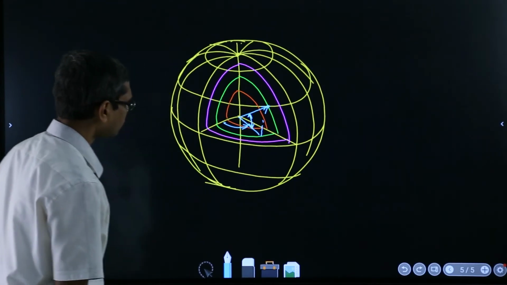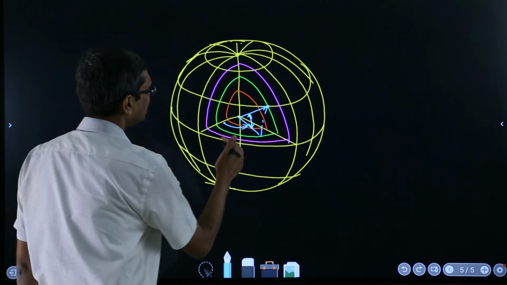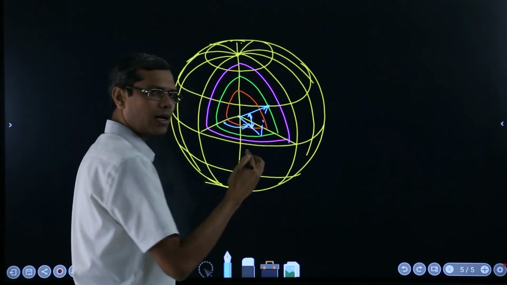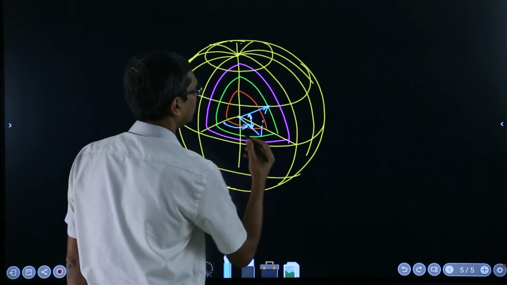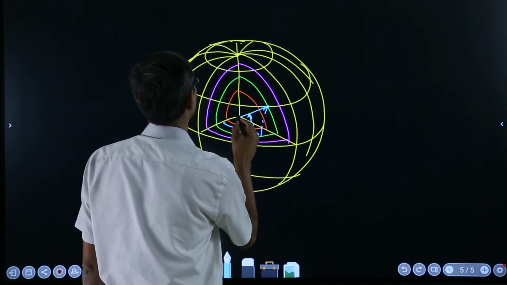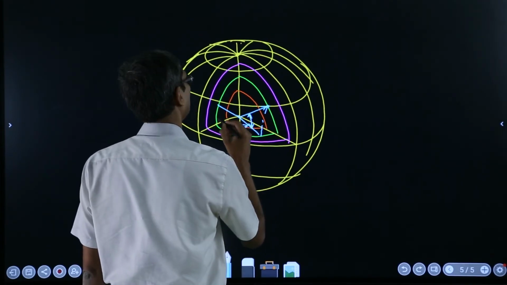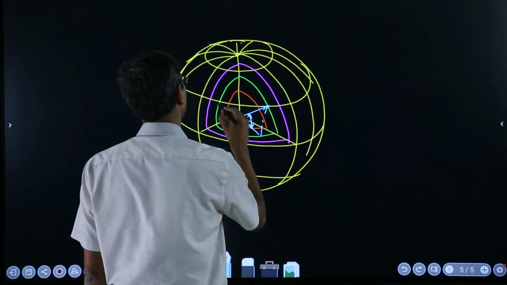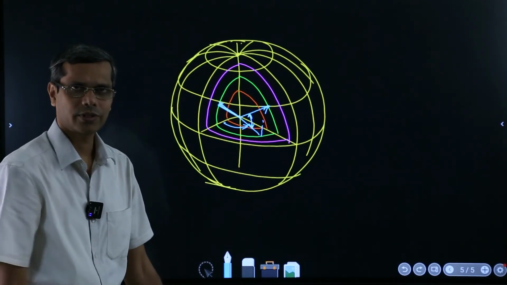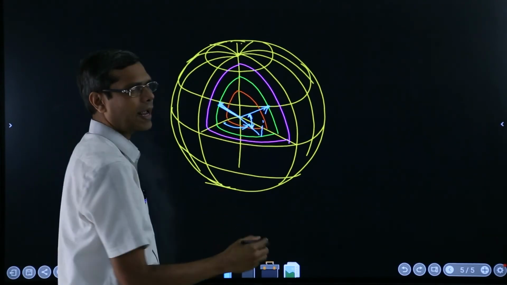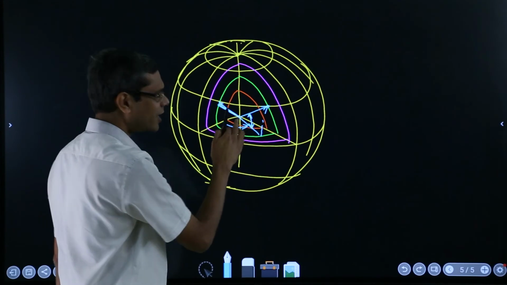In fact, constant phi will be surfaces, so these are cones, on which R will change and theta will change. If I take a cone like this, that cone will be the surface of the cone, on which R and theta will change, but phi will remain constant.